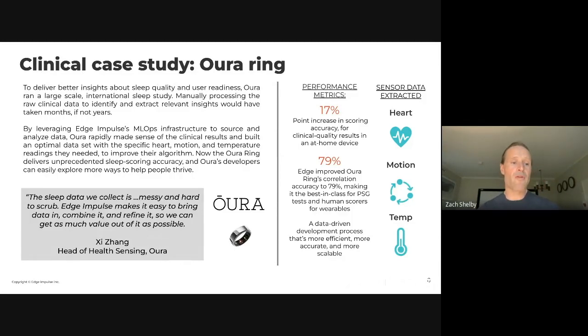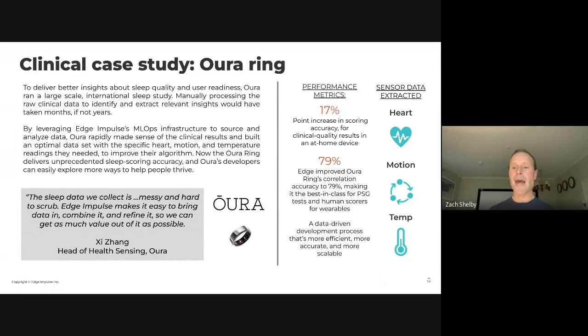Going from one night of sleep to 10 and then 100 and then thousands of nights of sleep is a very big data problem, and a very messy sensor data problem. So we helped create the infrastructure and tooling to process all that data directly from the field, from sleep studies and other kinds of clinical studies, and make that data useful for the scientists creating new algorithms.